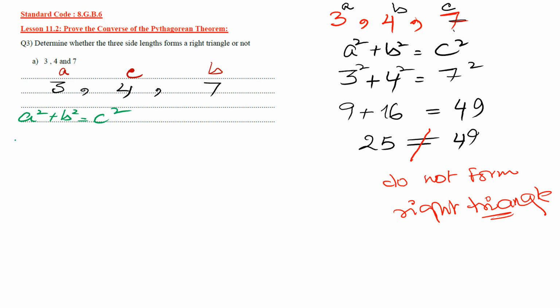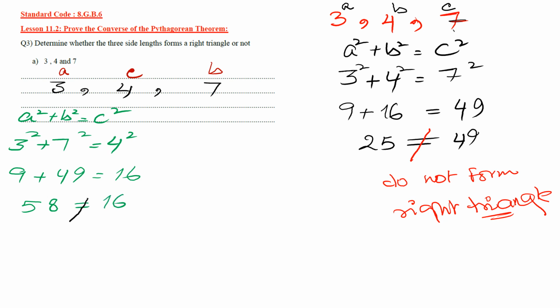We take a as 3 square, b as 7 square and c as 4, so 4 square. 3 square is 9, 7 square is 49 and 4 square is 16. Now 49 plus 9 gives us 58. Is 58 equal to 16? No, 58 is not equal to 16. So in this case also they cannot make a triangle.